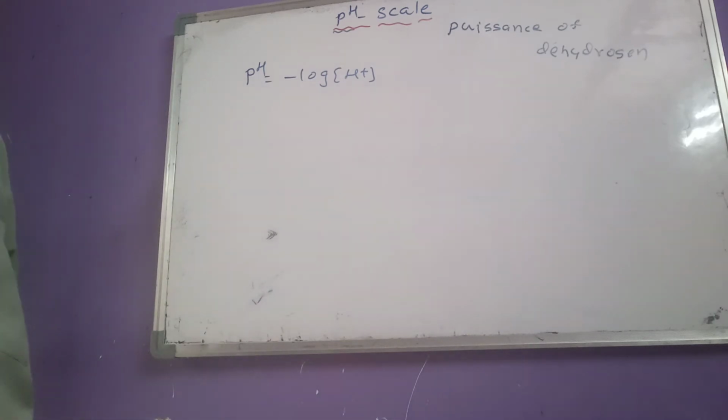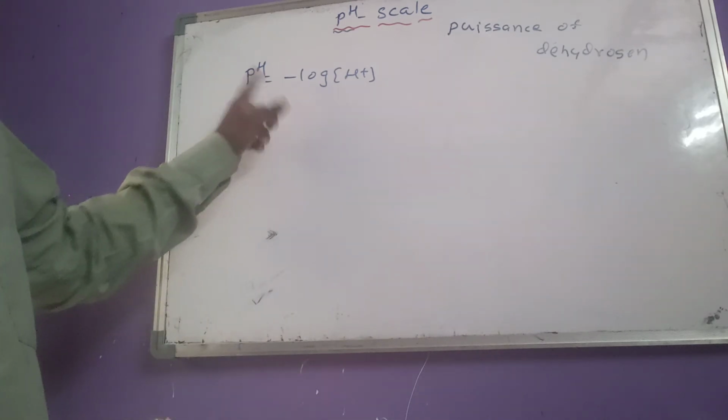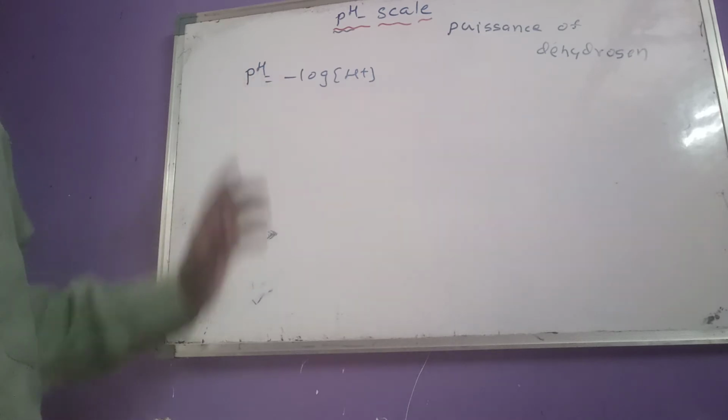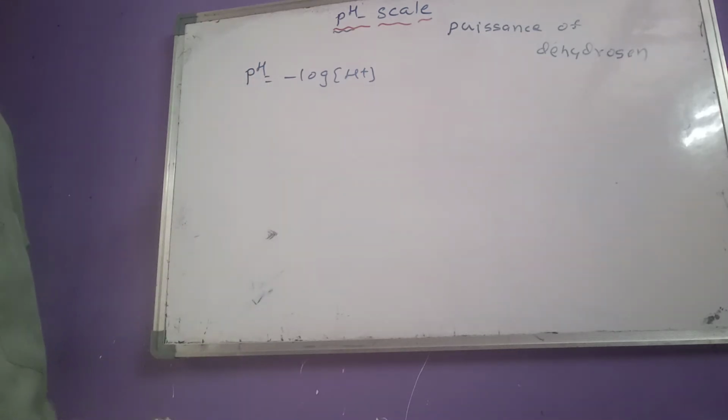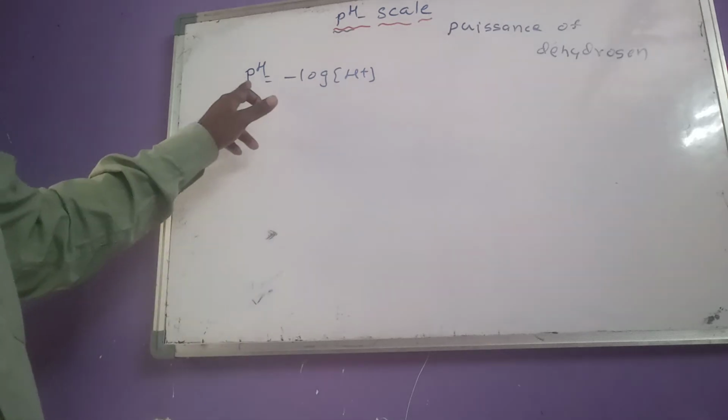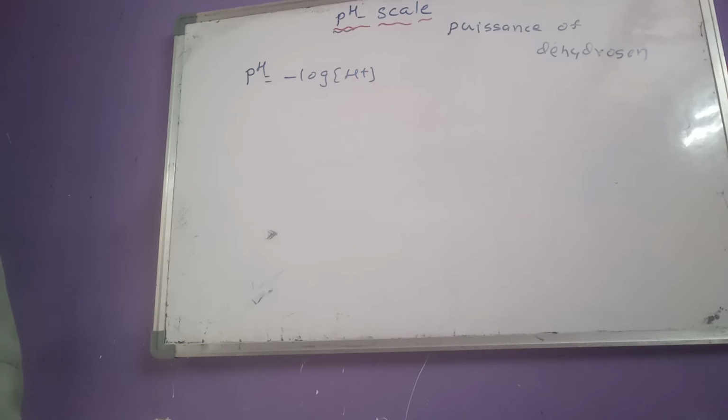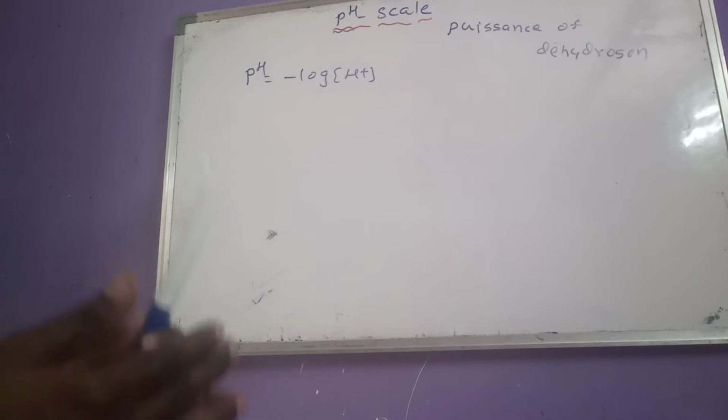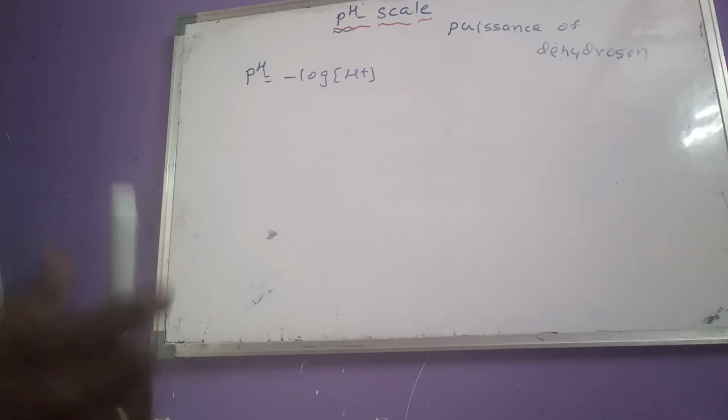I repeat again, the negative value of the logarithm of H plus ion concentration in aqueous solutions is known as the pH scale.